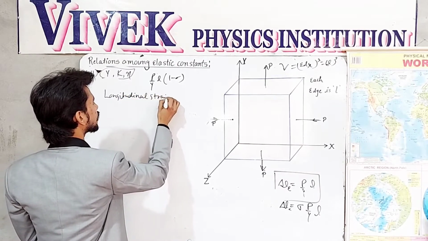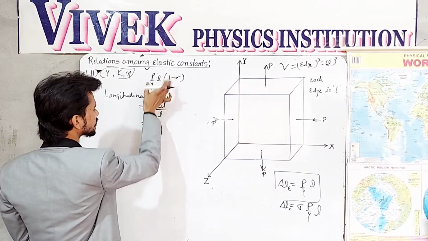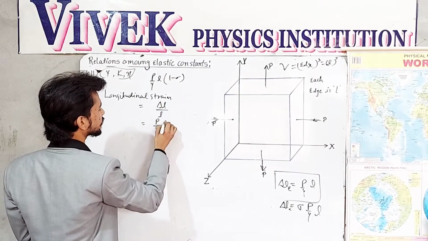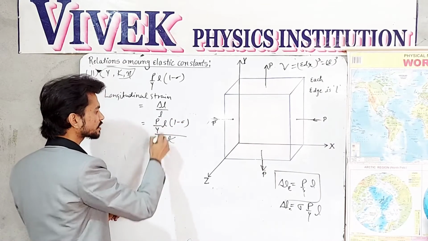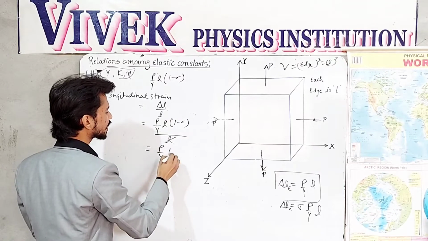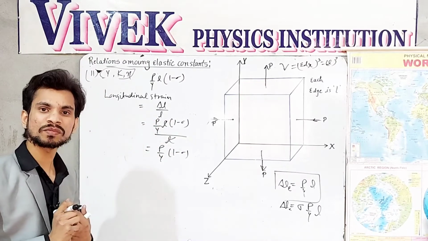Longitudinal strain will be delta L over L. And what is the change in the length? This is the extension, this is the change in the length. This is P over Y times L (1 minus sigma), divided by initial length. L is cancelled by L. This is P over Y times (1 minus sigma). This is the longitudinal strain.